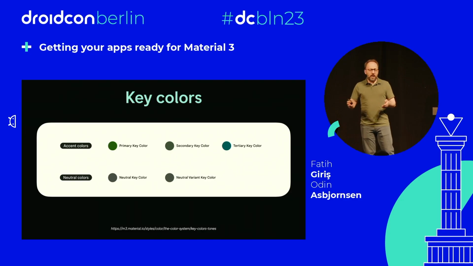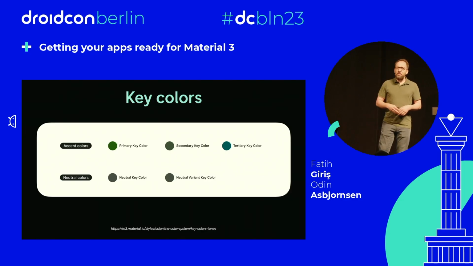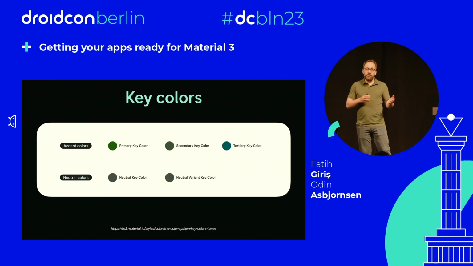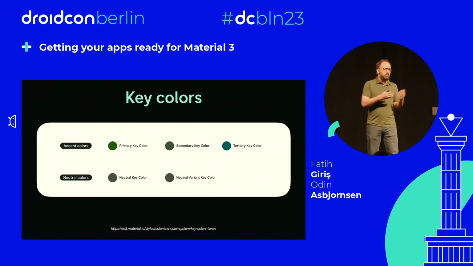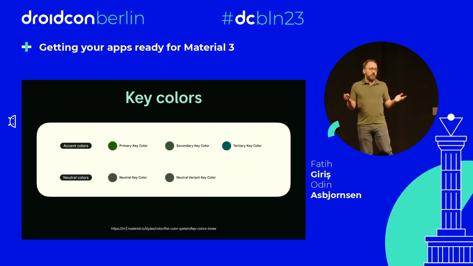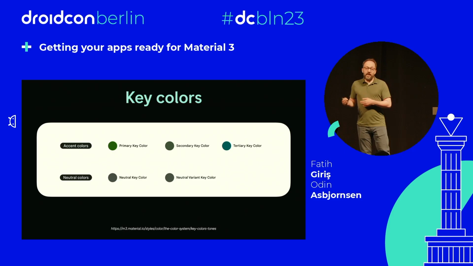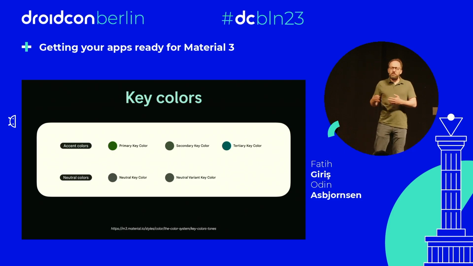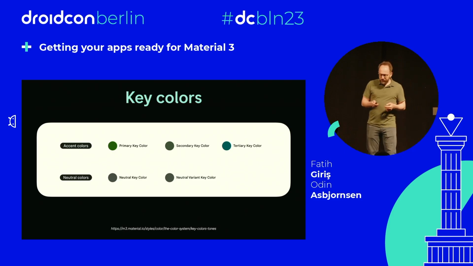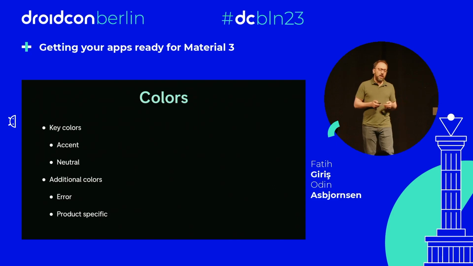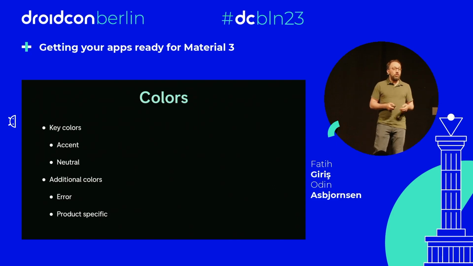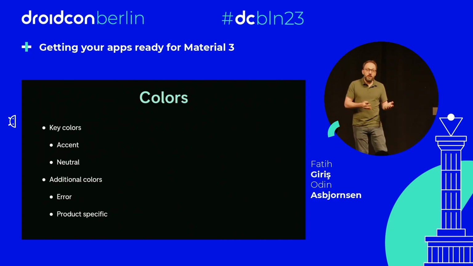But there is another one, tertiary color, which can be used for balancing the primary and secondary color in Material 3. Or you have some neutral colors, like the neutral key color or neutral variant color. They are generally shades of grays. And they can be used for the text color, divider, background, etc. We have some additional colors, like error colors, or you might even have your product-specific colors.